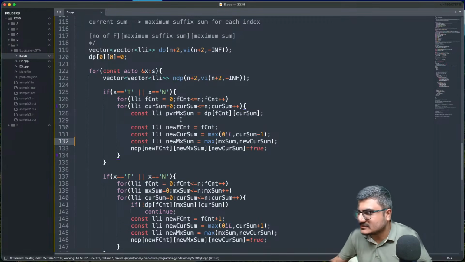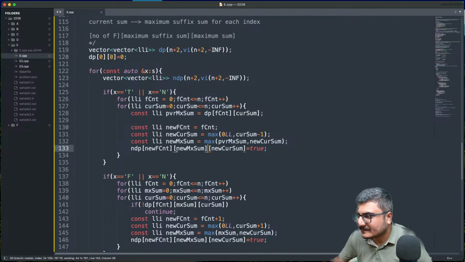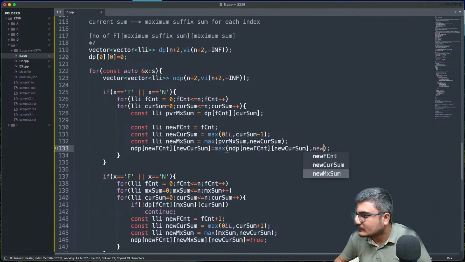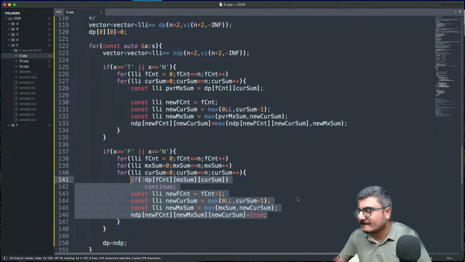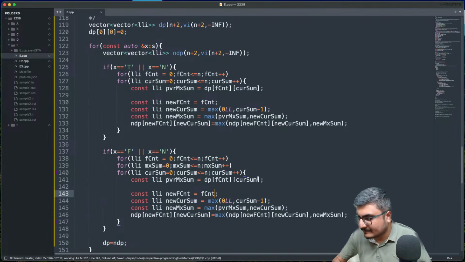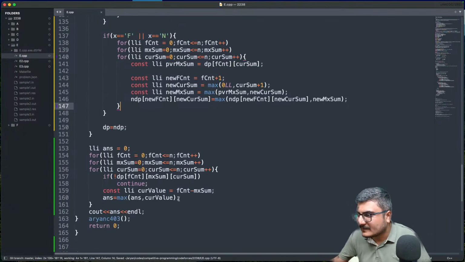You have some new current sum, compared to the previous maximum sum, and if the new sum also breaches that. This is where we are. And the same goes for the other half as well. And then we remove.